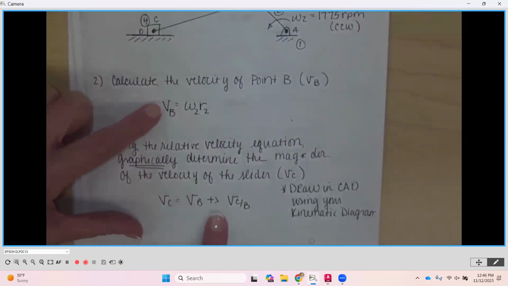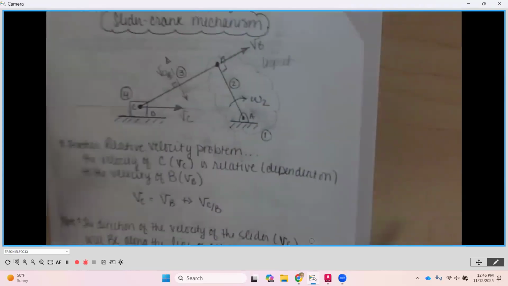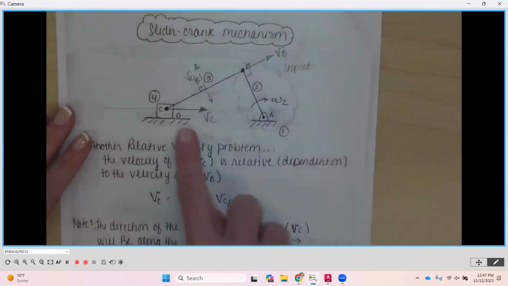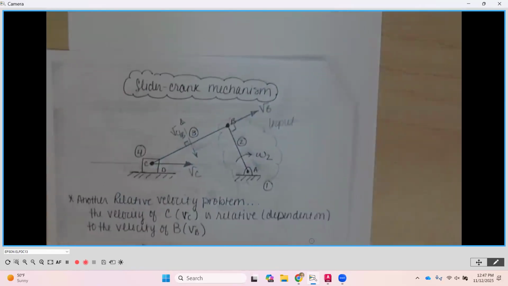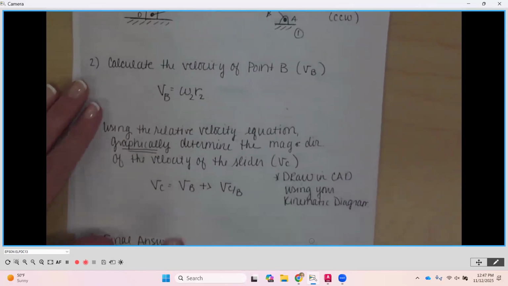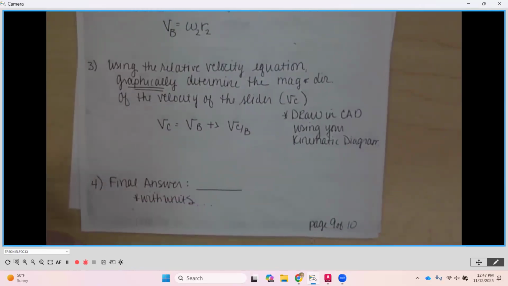That's going to be a known quantity, plus vectorially the velocity of C relative to B, okay? And using the information from the previous page, really this one, because this is a slider, we're going to use these directions and apply them to our application, okay? Now, once we determine those velocities, then we're going to have a final answer. We'll see how that develops.